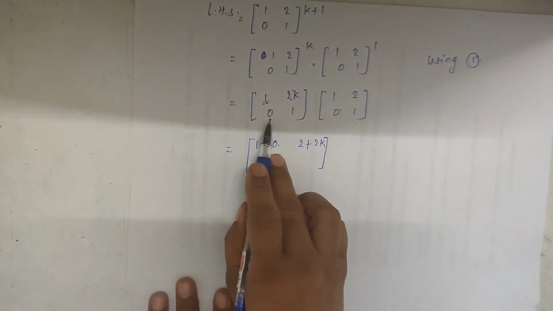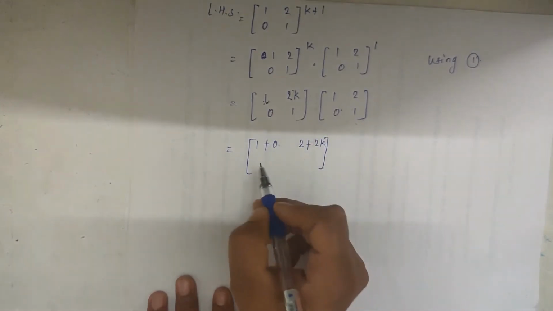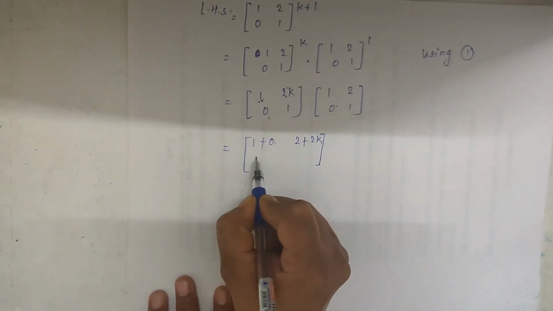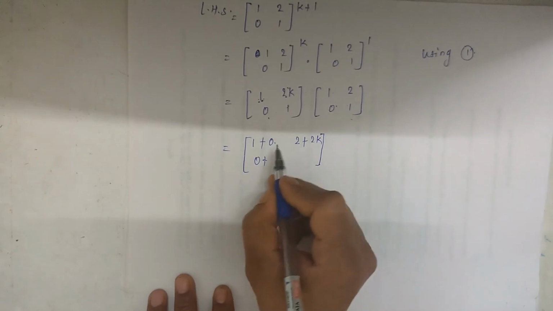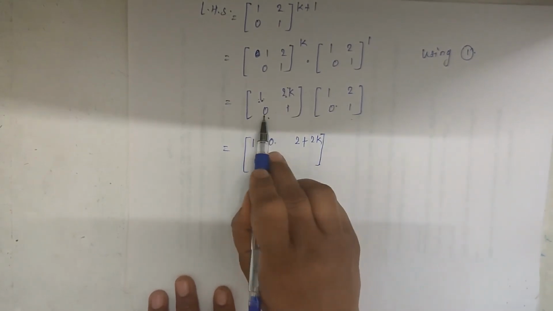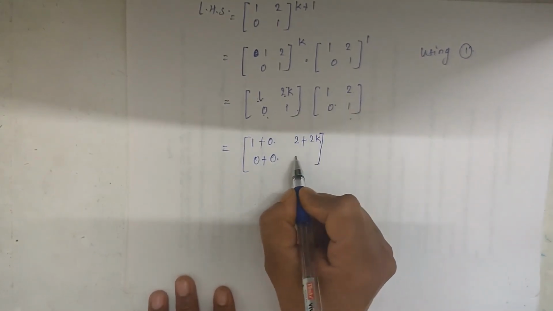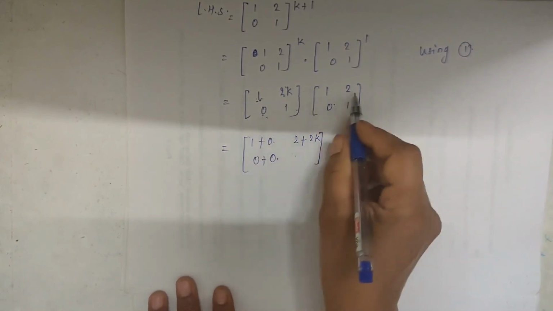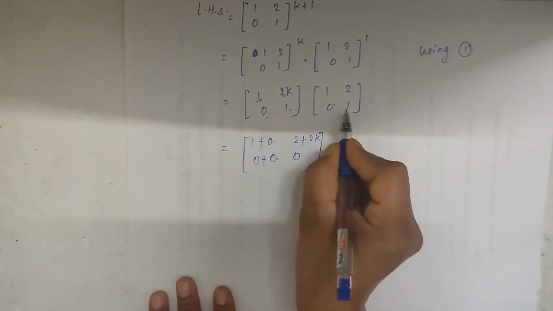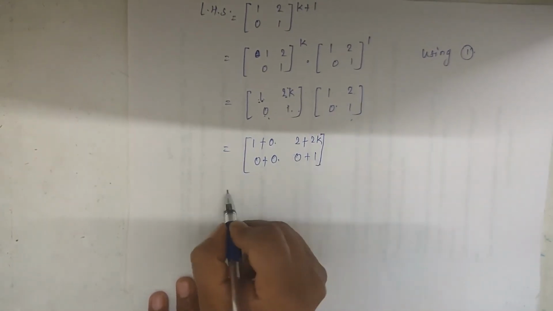For the third element, using second row and first column: 0 into 1 plus 1 into 0, which is 0. Second row second column, we get the fourth element: 0 into 2 plus 1 into 1, which is 1.